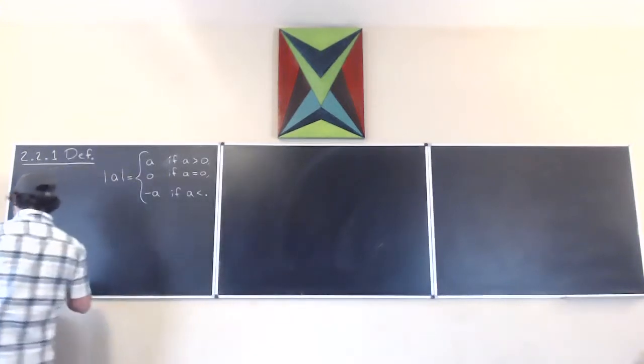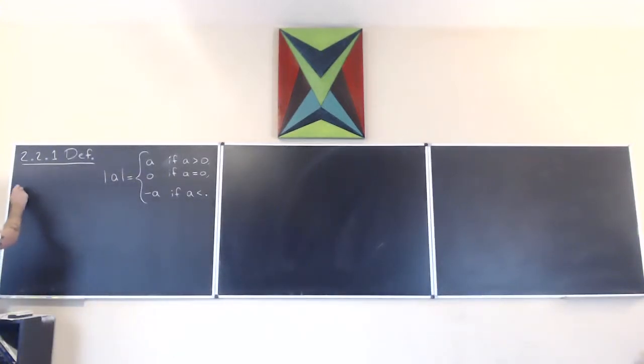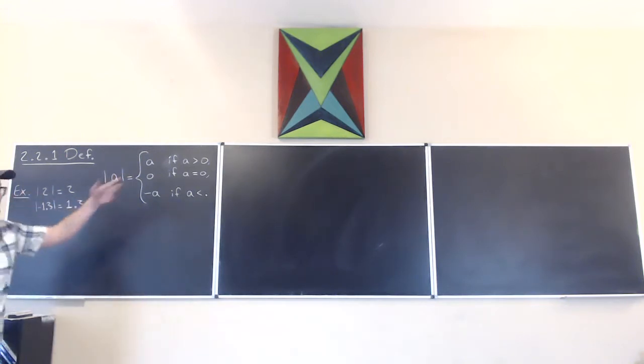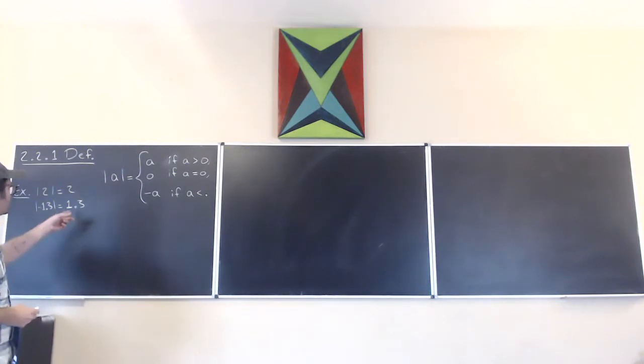And of course, we can have examples like the absolute value of 2 is just 2, the absolute value of negative 1.3 is just 1.3. And if you plug these values into this function, you'll see that this is what they evaluate to.